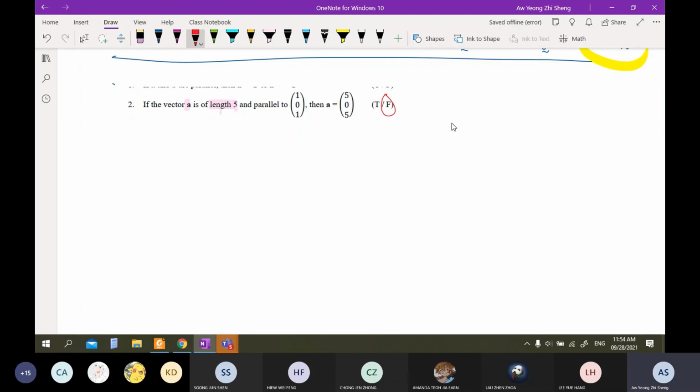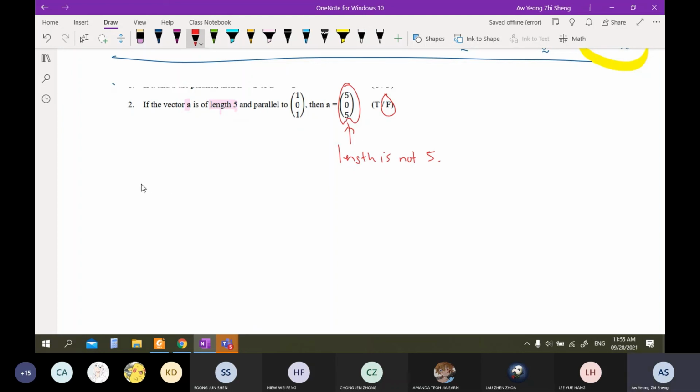Yes, good. The length of this vector is not 5. And so this is the most obvious reason. So it's false because the length is not 5.